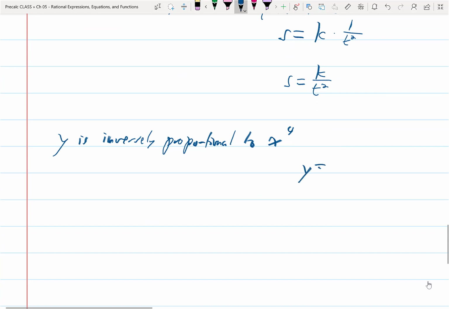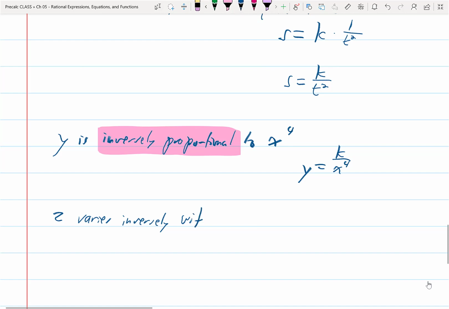So that means y equals k divided by x to the 4th instead of times x to the 4th. That's what inversely proportional means. And I could finally say z varies inversely with the cubed root of t. So that would be that z is equal to 1 over the cubed root of t.